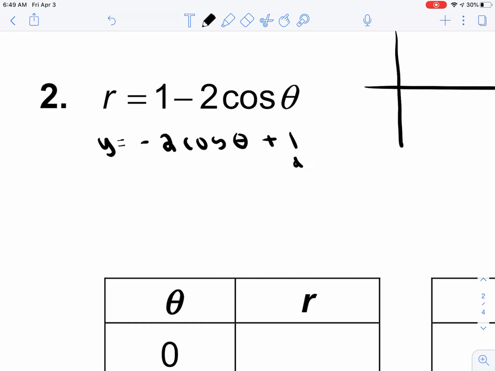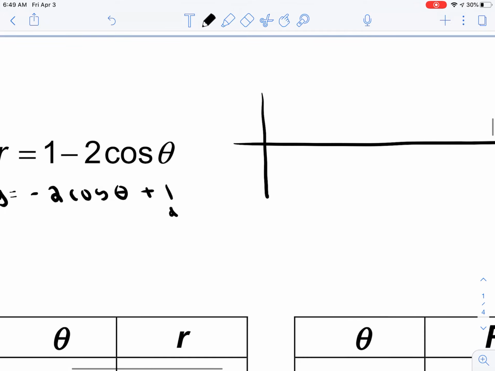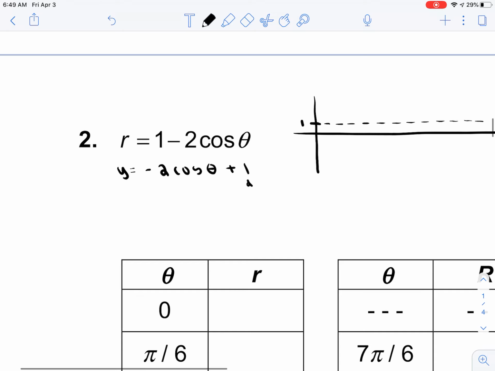This now has a d value equal to 1, which means it has a vertical shift of 1 unit. So now our new midline is going to be at 1. We still have that amplitude of 2, but remember that's going to make our highest point now 3, and then our lowest point -1.